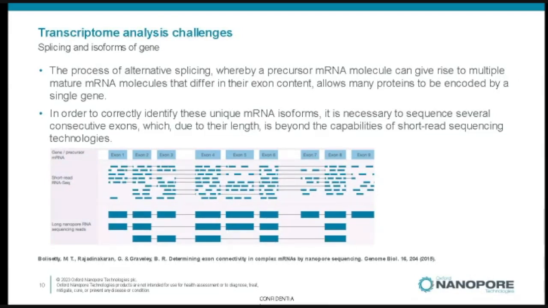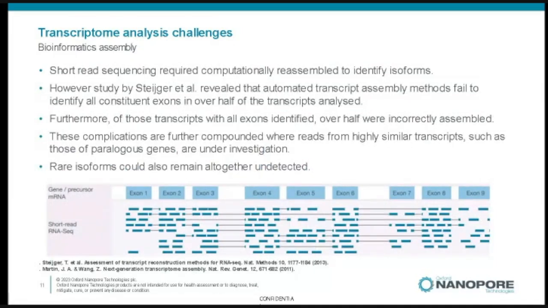In contrast, if we look at the short read sequencing in the middle, because they consist of only short reads, in the end we have a hard time trying to differentiate the isoforms. Short read sequencing requires computational reassembly to identify isoforms. However, a study by Steijger and their group reveals that automated transcript assembly methods fail to identify all constituent exons in over half of the transcripts analyzed.